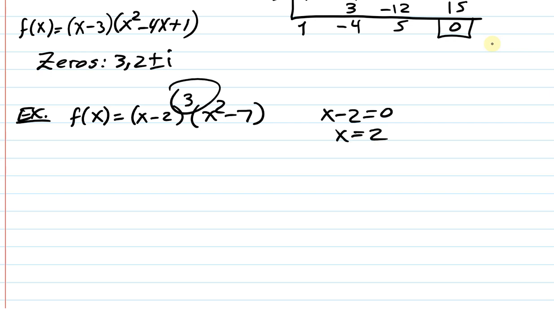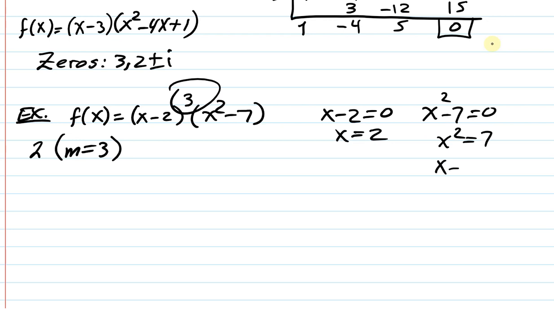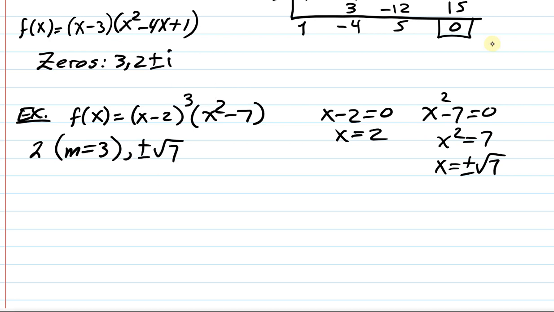Because the degree is 3, we're going to say that 2 is a 0 of multiplicity 3. The other zeros: x squared minus 7 is 0, x squared is equal to 7, x is plus minus root 7. So the other zeros are plus or minus root 7. And there we have that one.